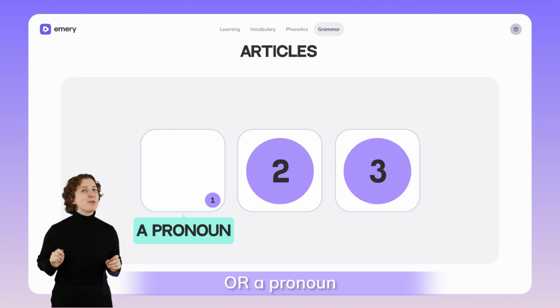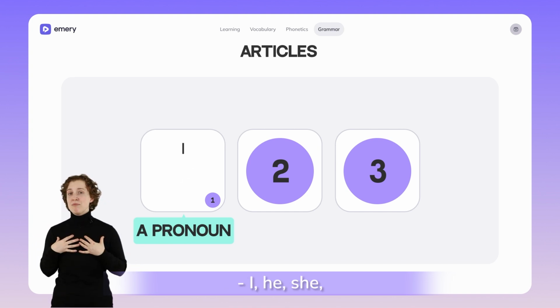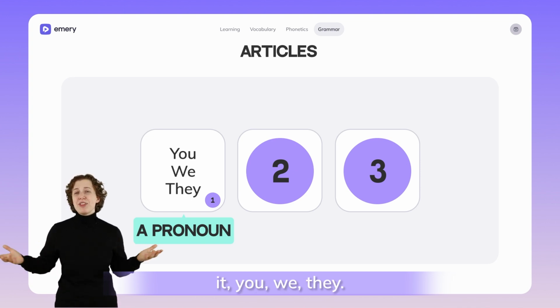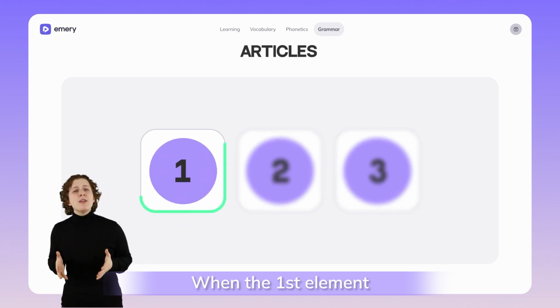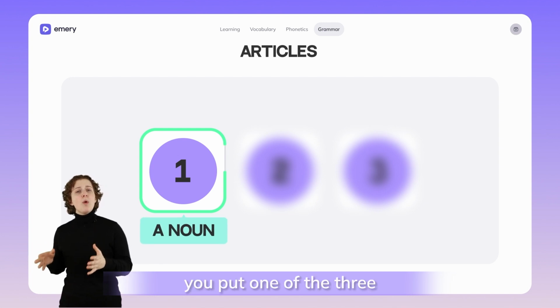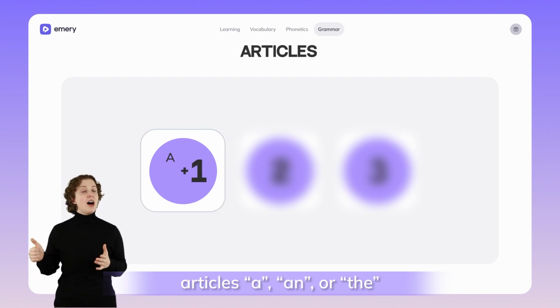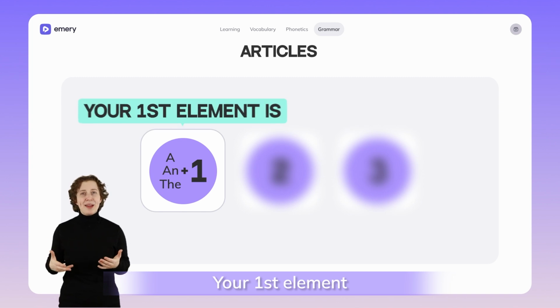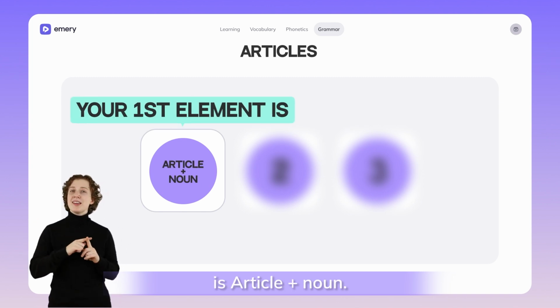Or a pronoun: I, he, she, it, you, we, they. When the first element is a noun, you put one of the three articles, a, an, or the, before it. Your first element is article plus noun.